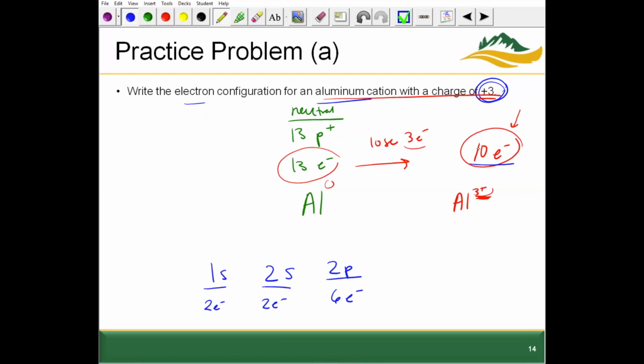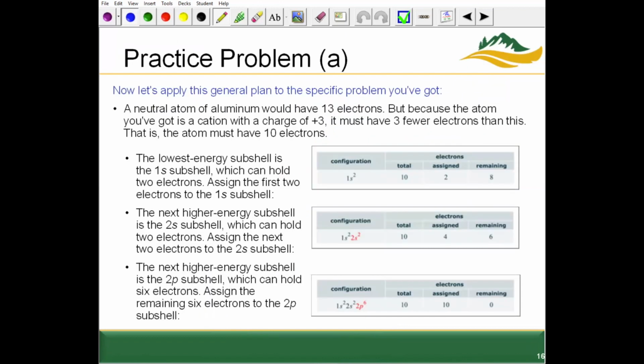Because we only need 10 for this ion, this cation of aluminum, this is actually all we need, right? 1s, 2s, and 2p would cover our 10 electrons. We only have 10 to work with because it's a cation. A neutral atom of aluminum has 13 electrons, but we've lost 3 electrons for it to be a cation, so we have 10 to work with.